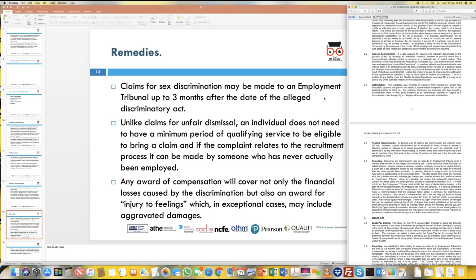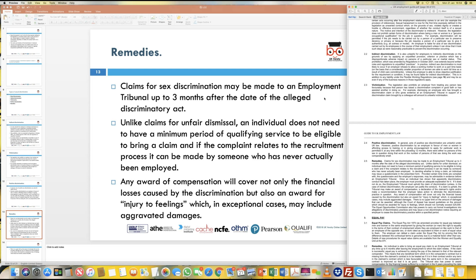The second remedy is that if you feel you've been unfairly dismissed, or you have faced discrimination which has led to you losing the job, then if you win the case, you can ask for the role to be reinstated within the organization.